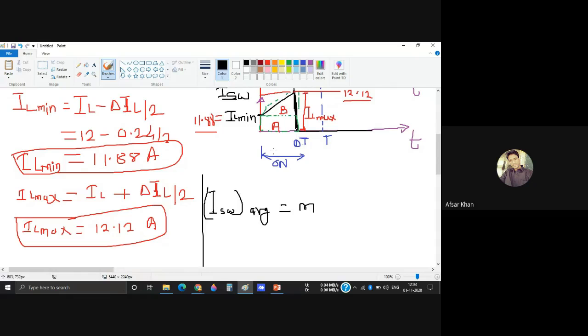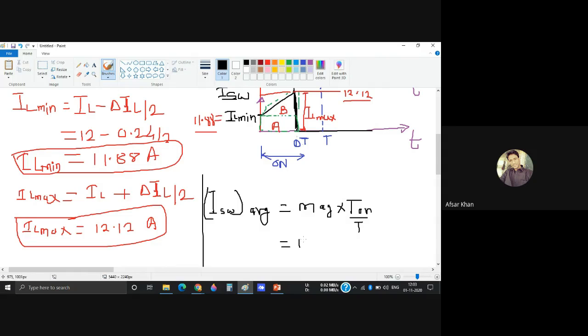For average value, we have to take IL mean. Magnitude into on duration upon total time.